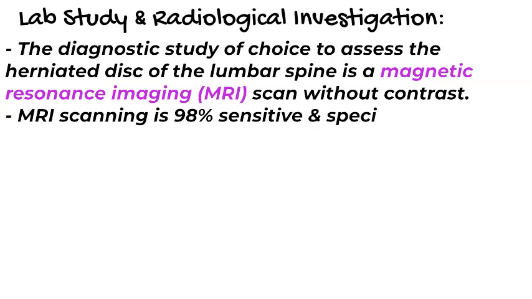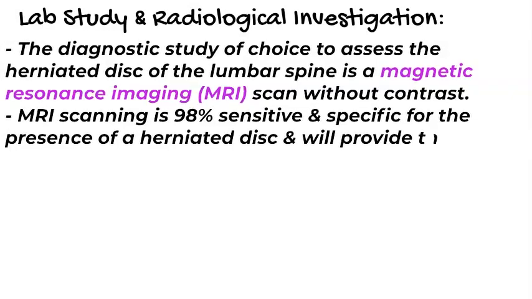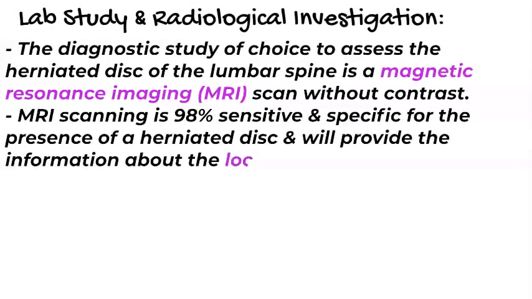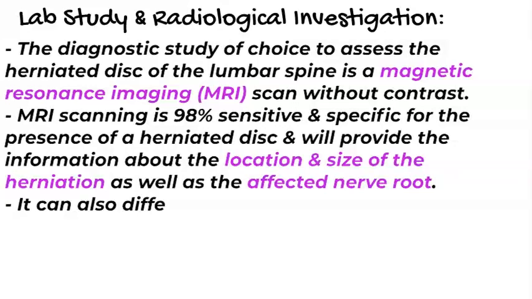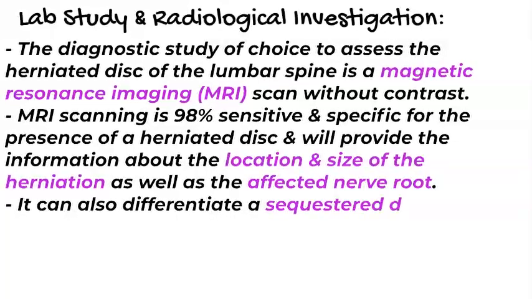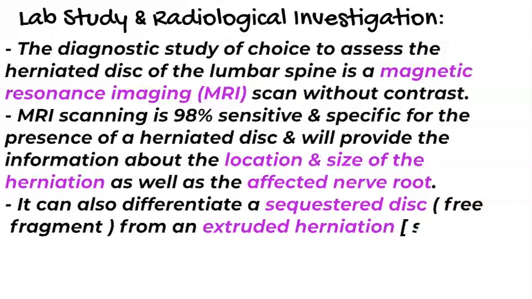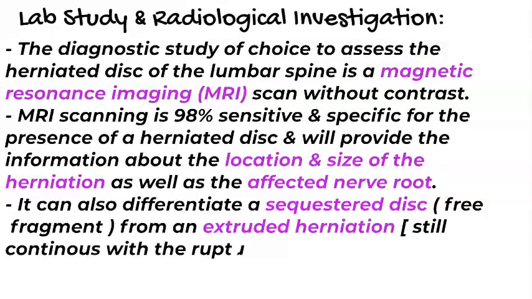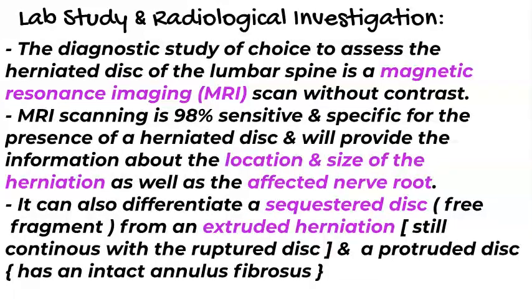MRI scanning is 98% sensitive and specific for the presence of a herniated disc and will provide the information about the location and size of the herniation as well as the affected nerve root. It can also differentiate a sequestered disc, a free fragment, from an extruded herniation that still continues with the ruptured disc and a protruded disc that has an intact annulus fibrosus.